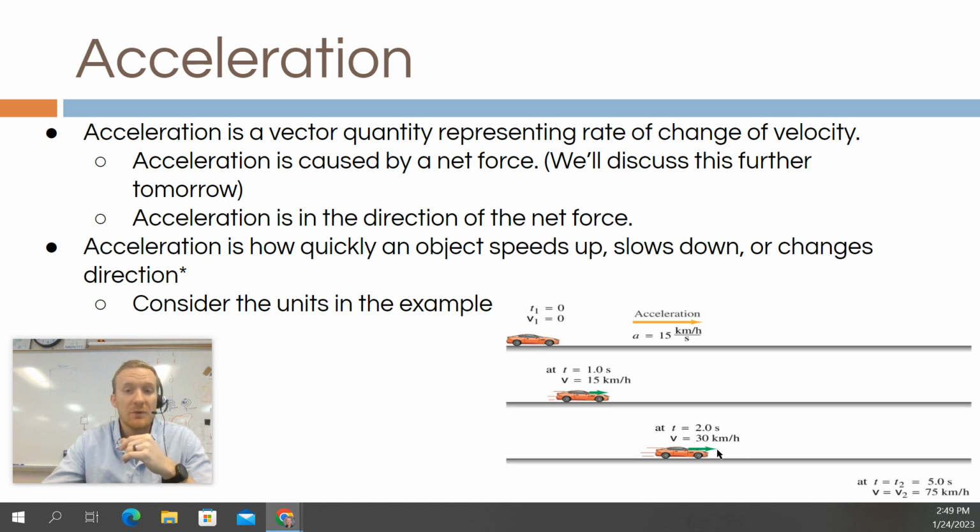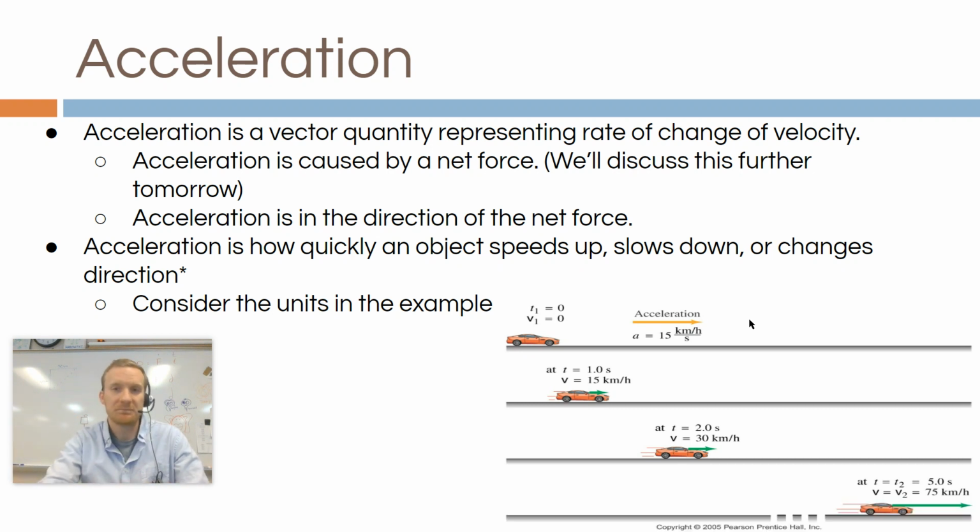Another second later, it's going 30 kilometers an hour. And then another second, it's going 75 kilometers an hour. So over time, it just continues to get faster and faster. And it's accelerating at this rate, 15 kilometers per hour per second. So what that means is every single second, that speedometer is going up 15 kilometers per hour. So it's a rate of change over distance.